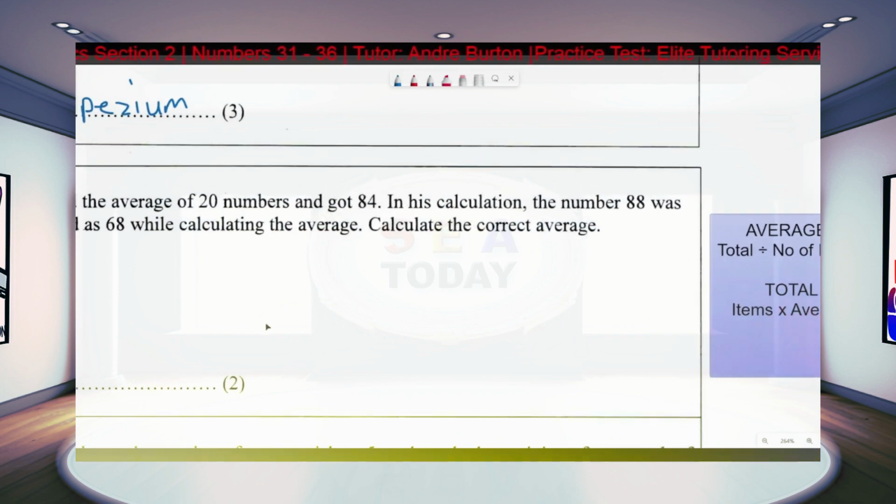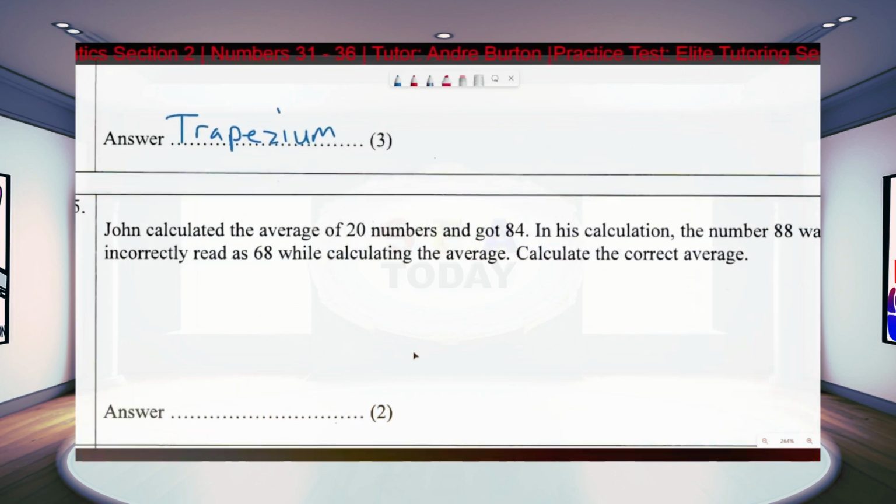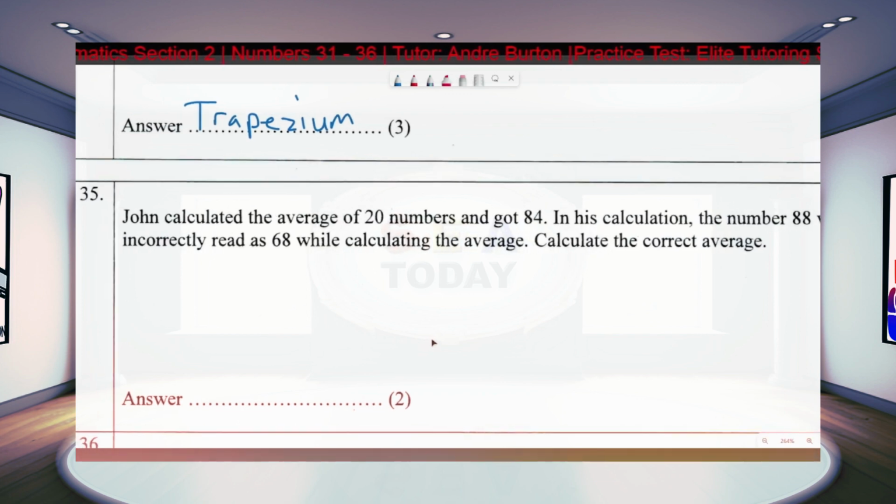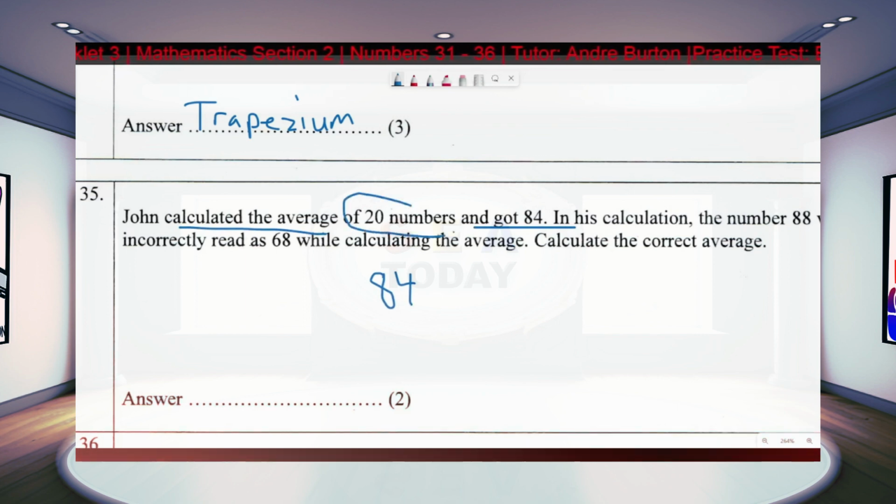So we're going to apply that because we know the average, which is 84, because he got 84 when he calculated the average, and that was out of 20 numbers. So that 20 is the number of items. So this is the total.